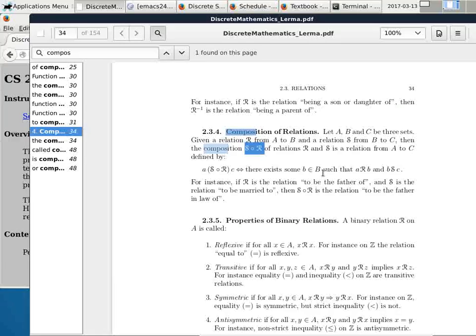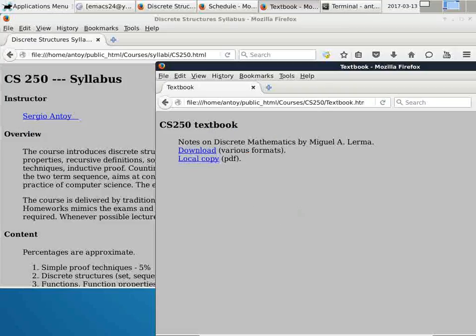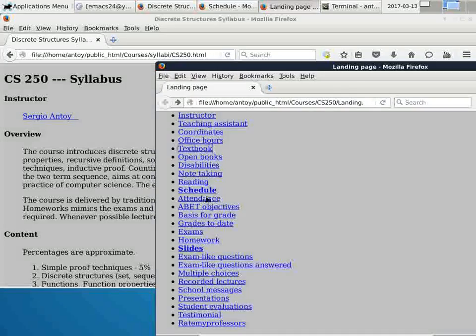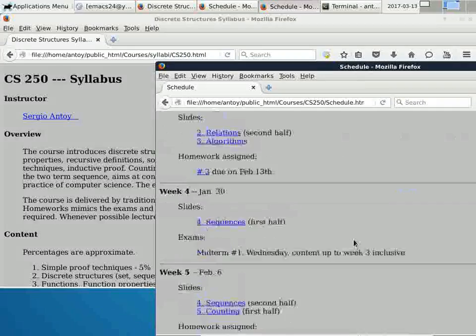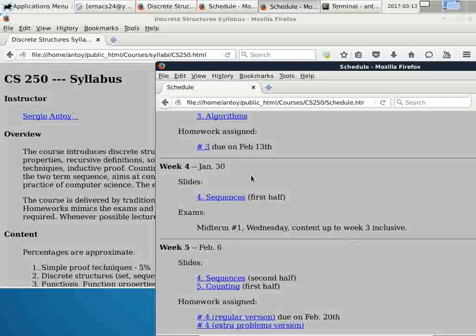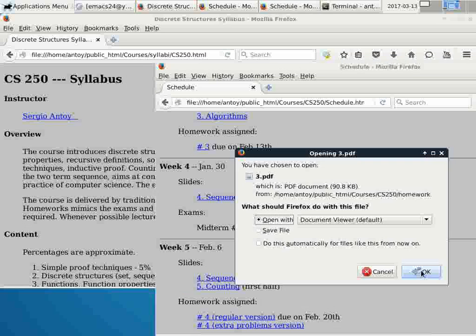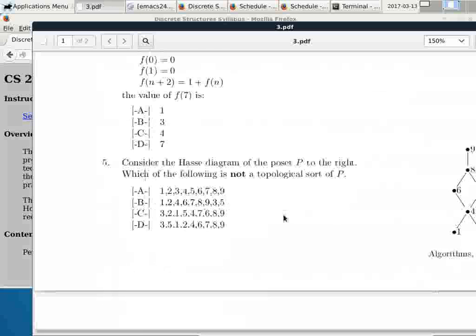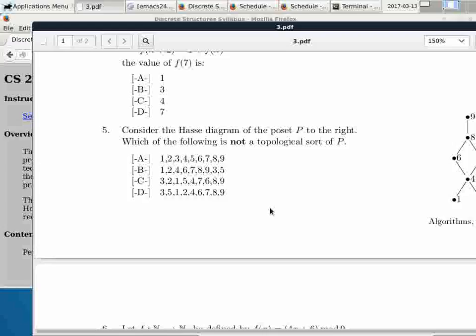We can go there and spend a minute on that. I think we saw this in algorithms, right? All right, so here we have an example. Oh, you are not seeing it. This is a Hasse diagram. Oh, you don't see it.